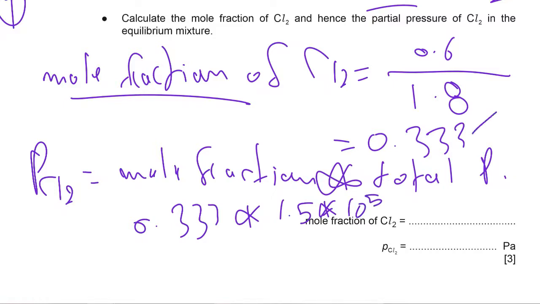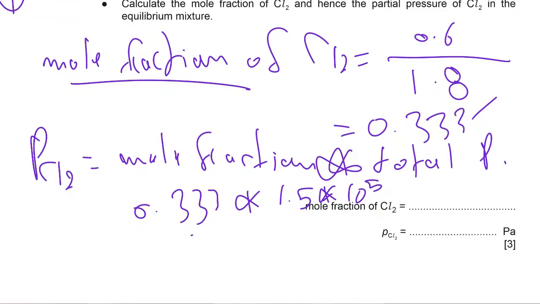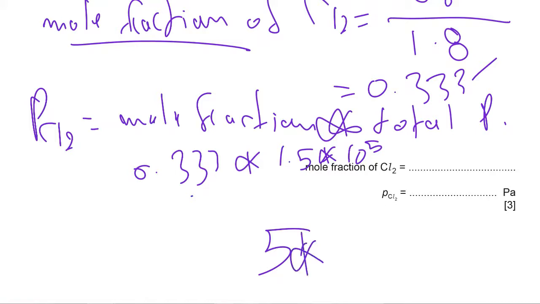So the mole fraction is given here, and the total pressure is here. You just need to multiply these numbers together and you will get the result. So just let me calculate it. The partial pressure equals 5 times 10 to the power 5 Pascal, times 1.333.